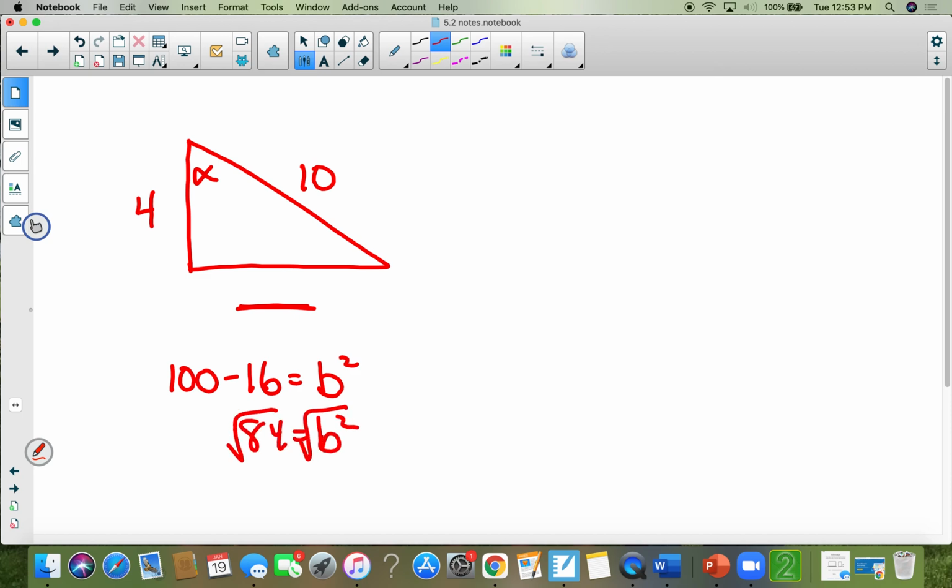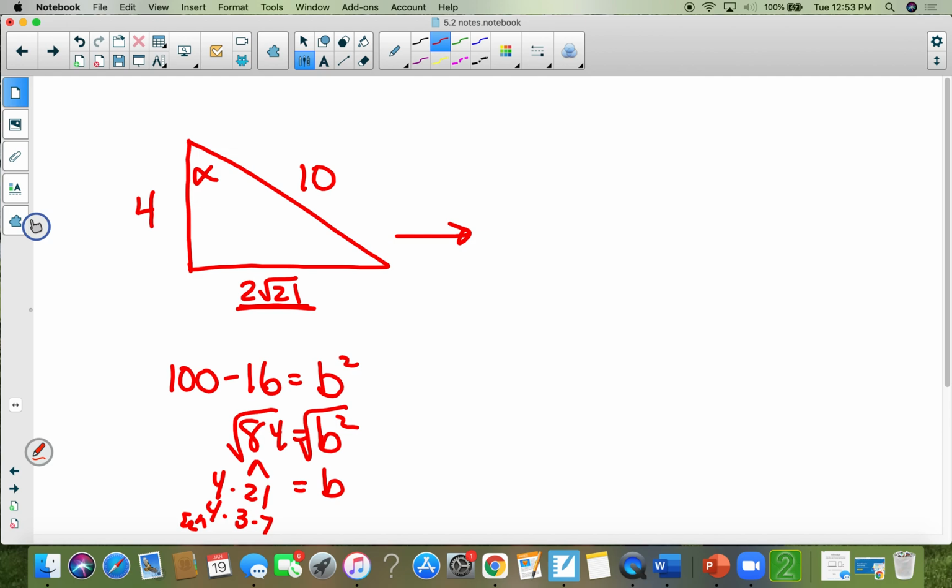Square root. B is going to equal, this is made up of 4 times 21, 4 and 3 and 7. So this is made up of 2 2's. So it's going to be 2 root 21 for this missing side.